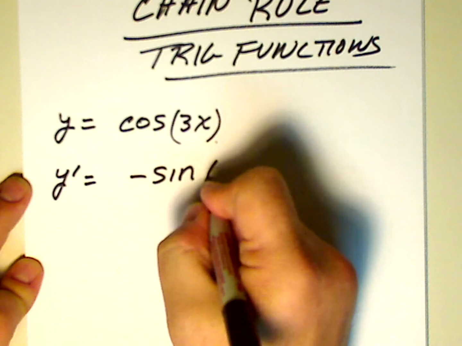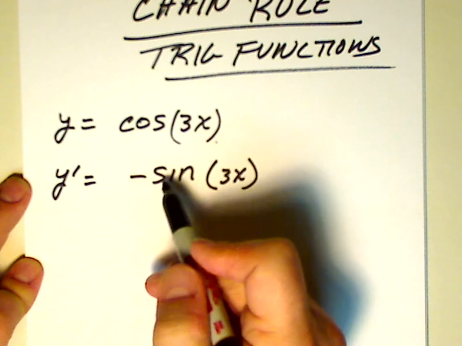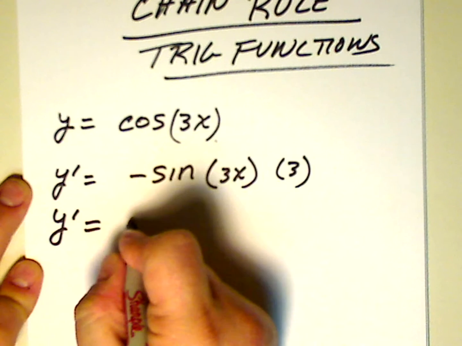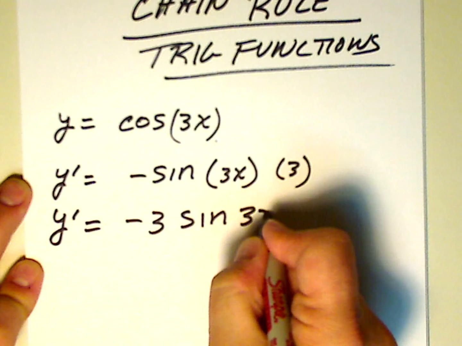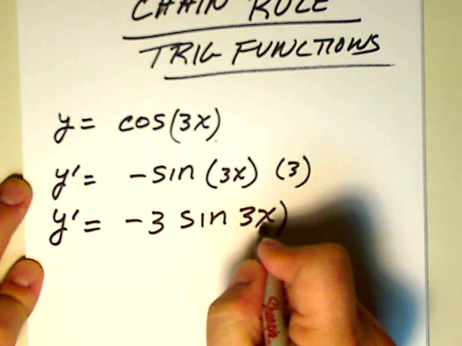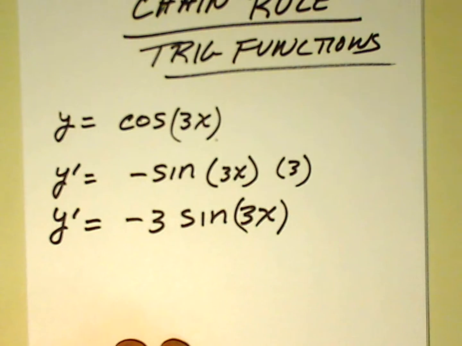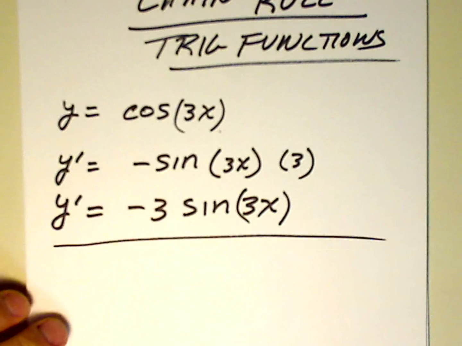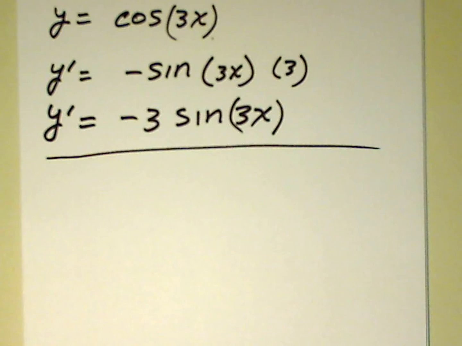We're going to repeat this, 3x, and we're going to differentiate the 3x and multiply by that, which is 3. So y prime is negative 3 sine 3x. You can put the parentheses in or not, whatever you prefer. So there's one trig function under our belt.